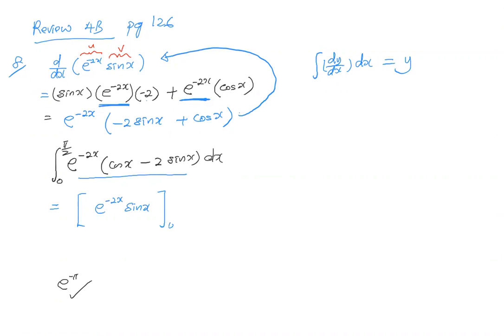So 0 to pi by 2. So now you substitute with pi by 2. You substitute with 0. Okay, so here you got e to the power negative pi.